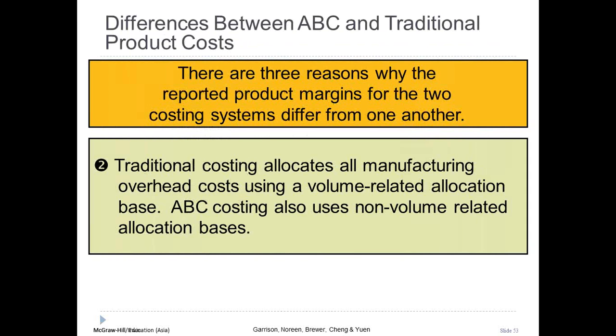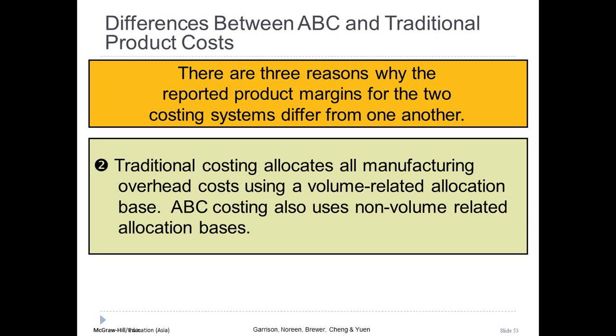The second reason why the reported product margins for the two cost systems differ from one another is that the traditional cost system allocates all manufacturing overhead costs using a volume-related allocation base, namely machine hours. The ABC system uses volume-related and non-volume-related allocation bases to assign manufacturing overhead to products.